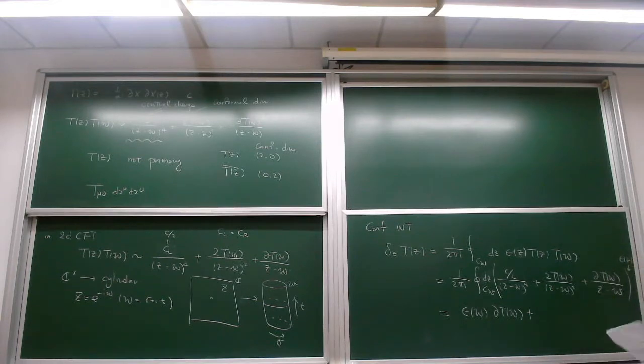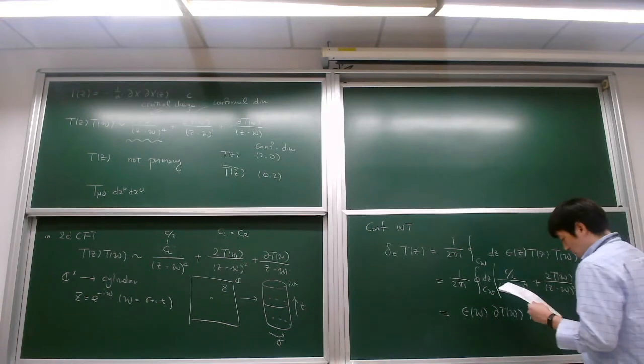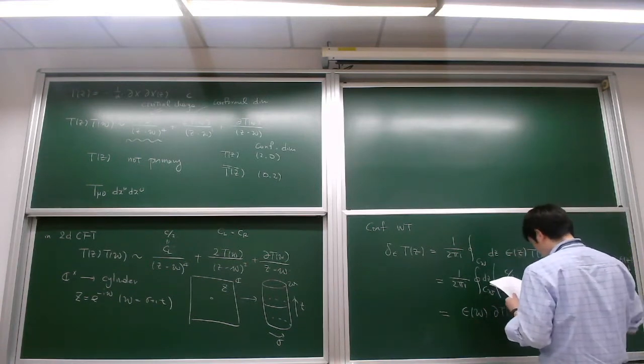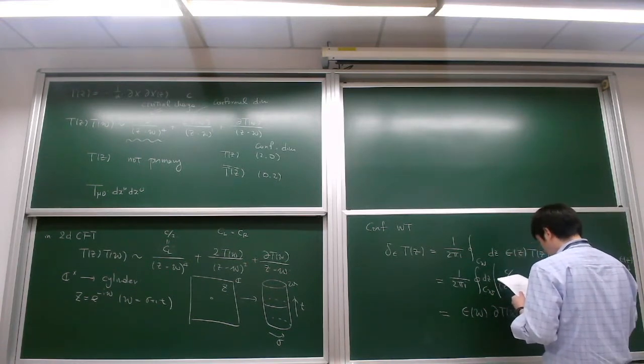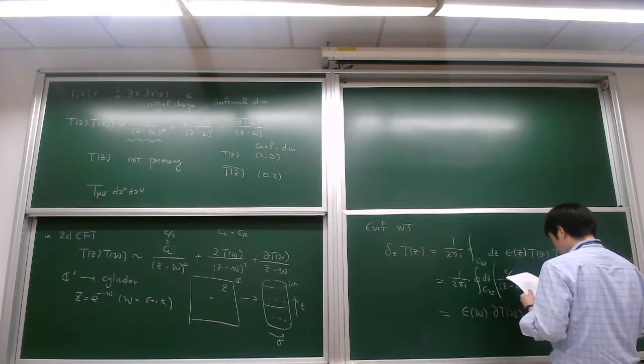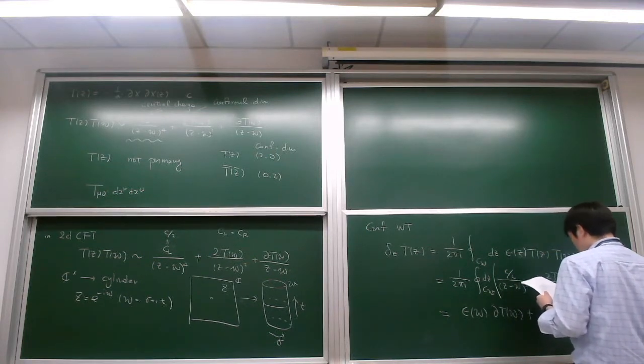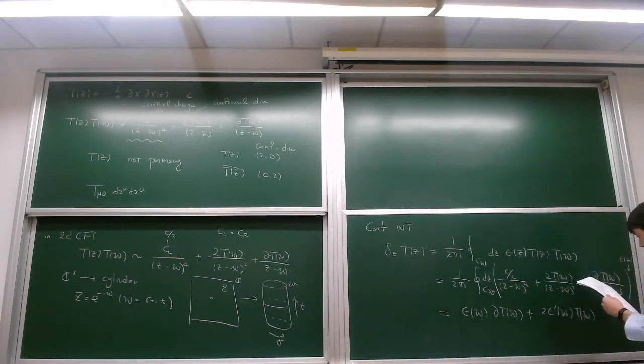Then the first term will give you this one, and the second term will give you, and this term will give you c over 12 ∂³ times w. Sorry.